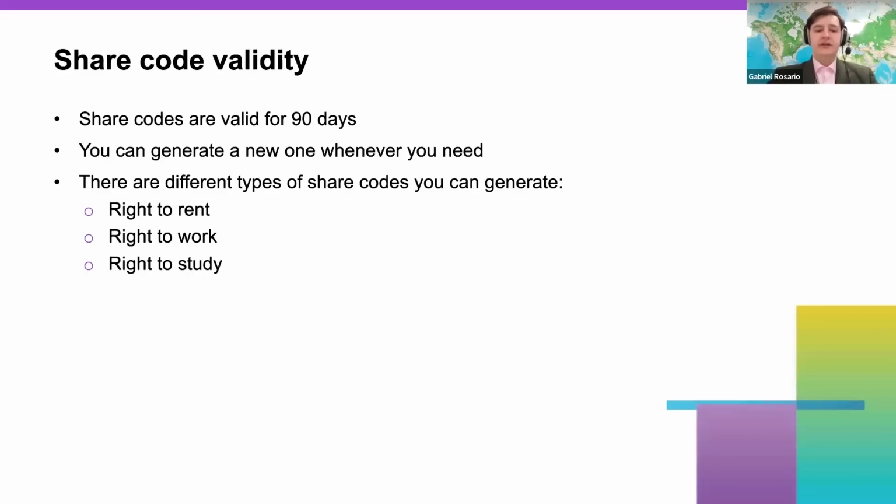And a right to study share code. This is also known as a general share code, but for the purposes of the university, we will refer to it as a right to study share code, because this is the code that you need to provide to us when you are completing the following processes of registration that my colleague Helen will go over. Next slide, please.